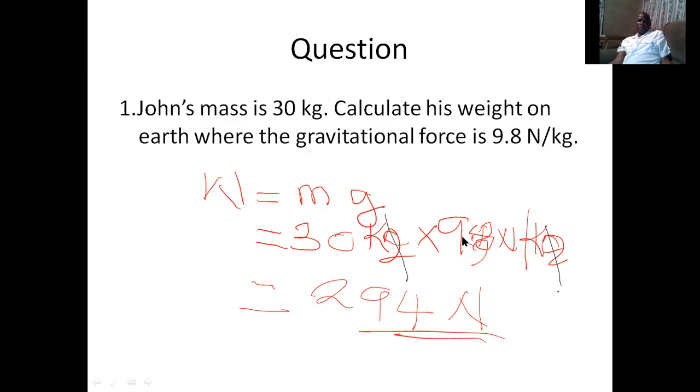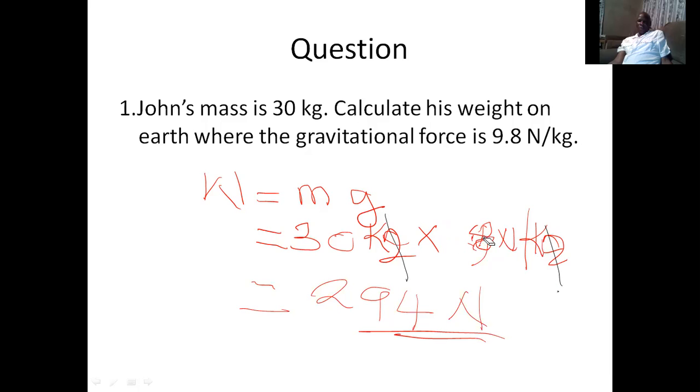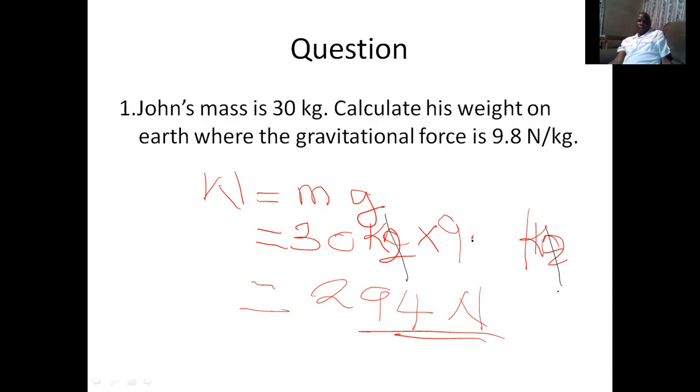Okay, but what we meant here is 9.8 newtons per kg.